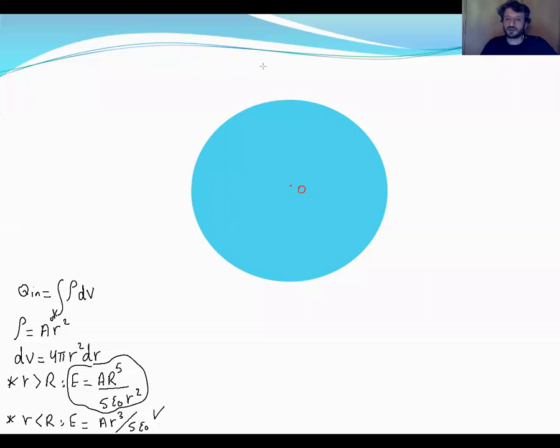Let's say at the point B here, we have to take a Gauss's surface, and we don't need to repeat the same conditions. You can say it only one time because we have a sphere for the two cases.